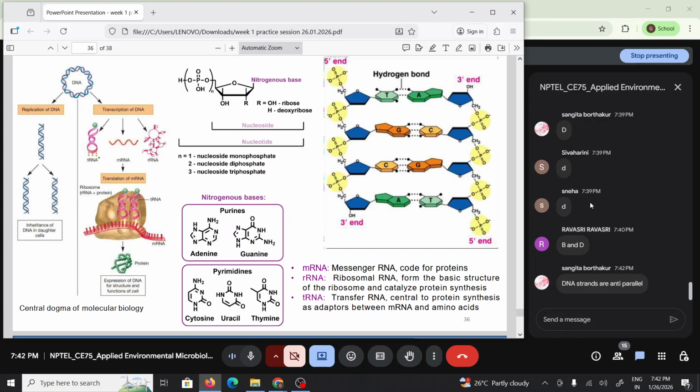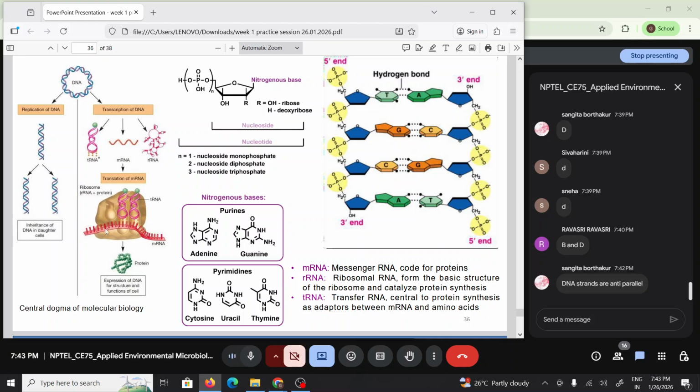So this is the summary of that molecular biology part. On the leftmost we have the central dogma, where we have replication, transcription and translation. As I told you, you have a DNA here, which is transcribed into mRNA, tRNA and rRNA. Obviously they also have to be produced. But in the translation part, you have the ribosomes.